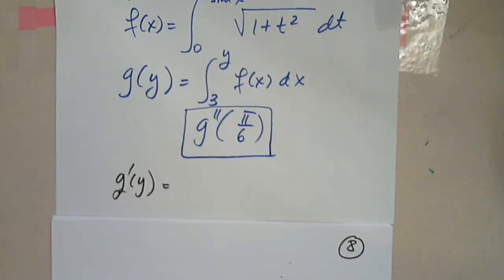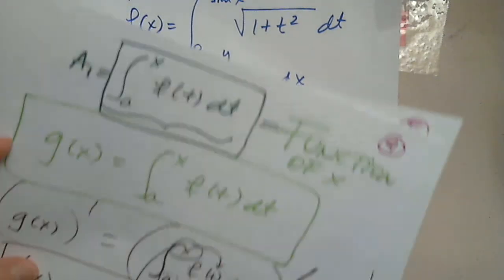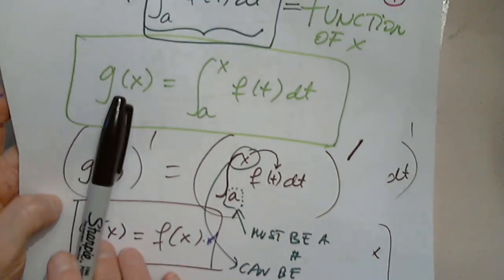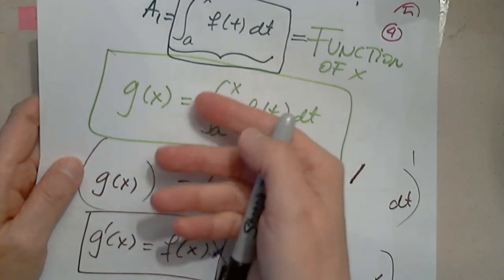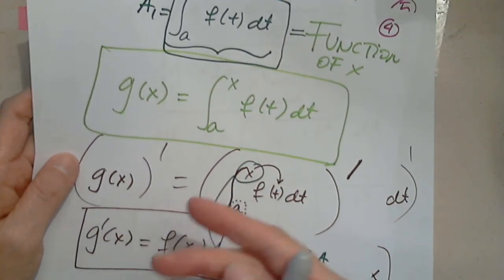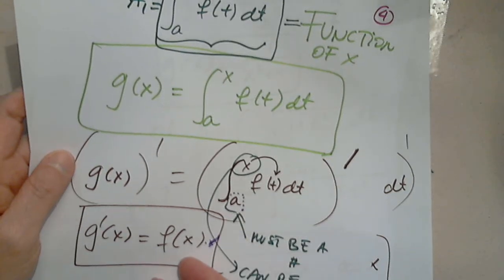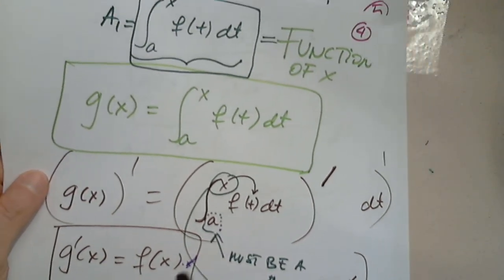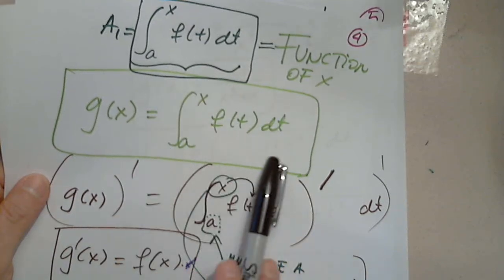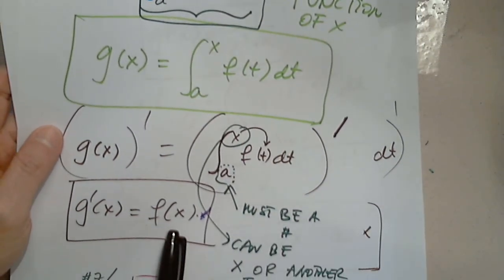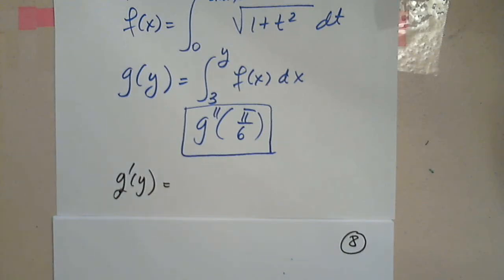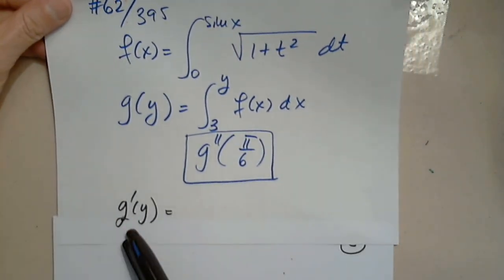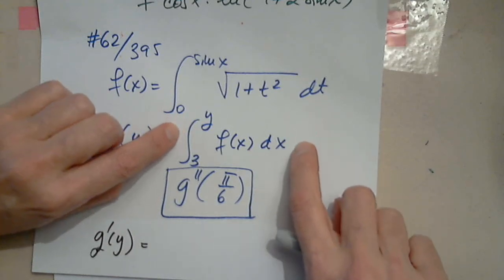So let's go back for a moment. When I differentiate a function that is given in the form of an integral, I differentiate this side, and I differentiate this side. What do I get? When I differentiate this, I get f of x. So let's go back. So when I differentiate this side, I get g prime. And when I differentiate this side, what do I get?